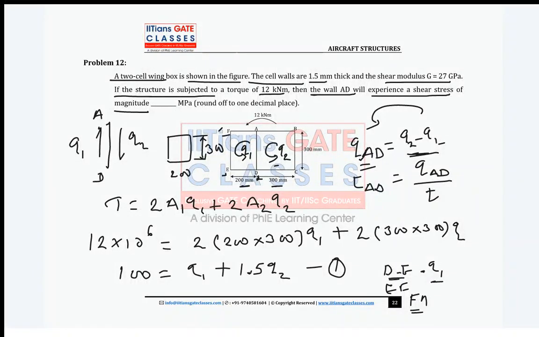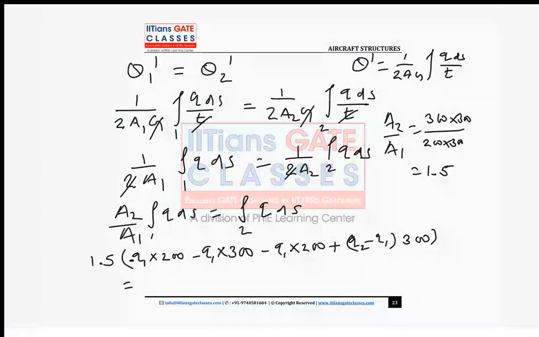A to B. If you are starting from A to B, what is the shear flow, guys? Minus Q2, into what is the length? 300.